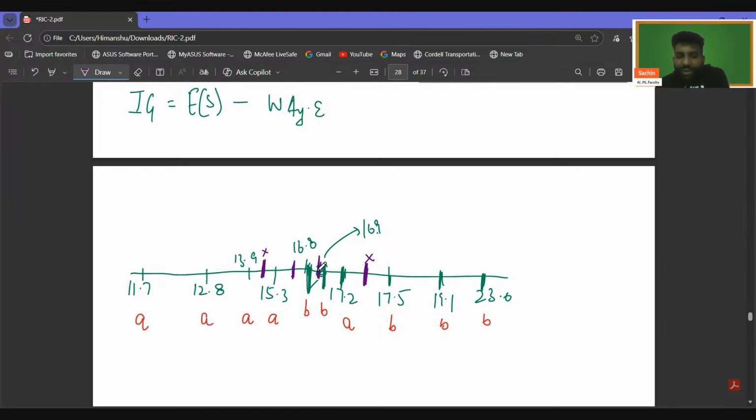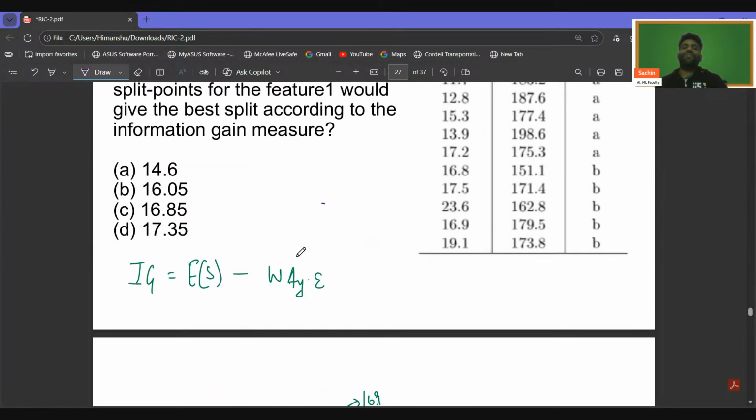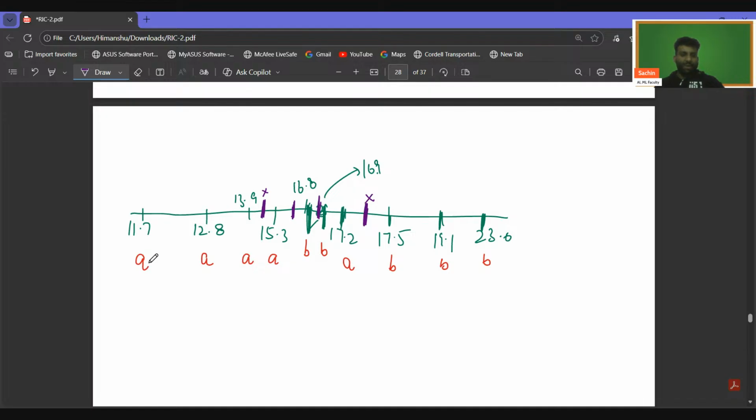Now, what about this one? If I just look at this, I have one incorrect over here, which is this one. I have one incorrect over here, which is this one. Now, what do you think, without even calculating, which one is going to be the best possible answer? Think about this. Take your time. It's very important. And you need to think about the weights as well, because how many numbers we have over here is 1, 2, 3, 4.